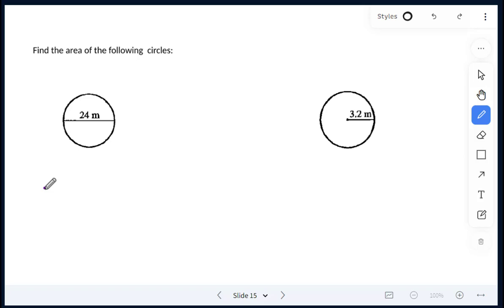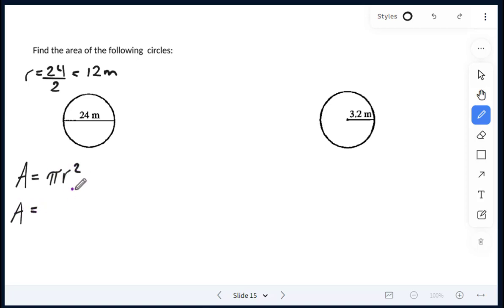So for the first one, the diameter is given to us. It's 24 meters. So before we can solve, we have to calculate the radius. Our radius will be 24 divided by 2, which is 12 meters. Now we can plug that into our formula.